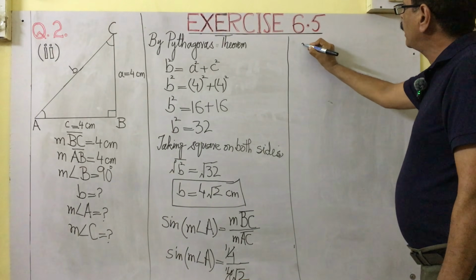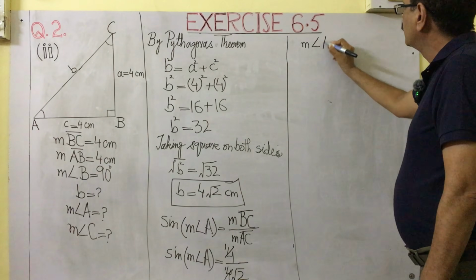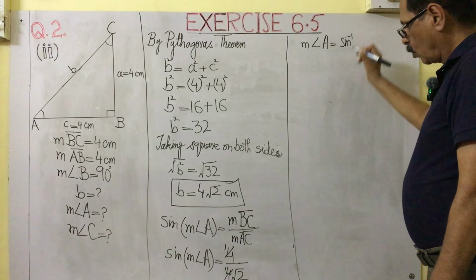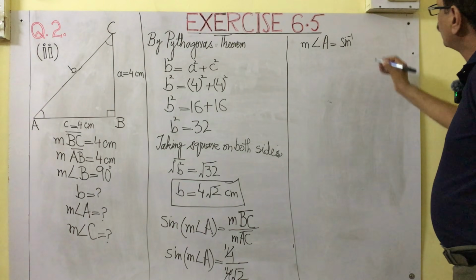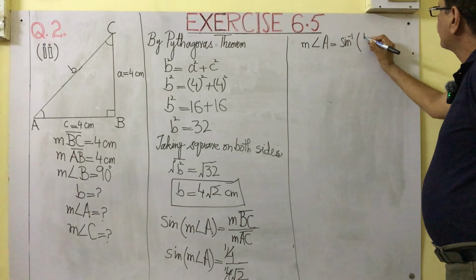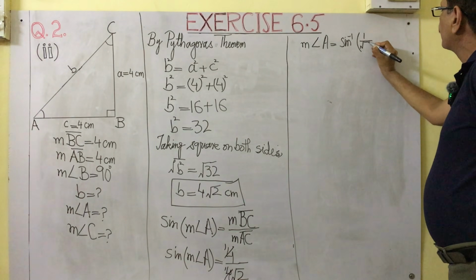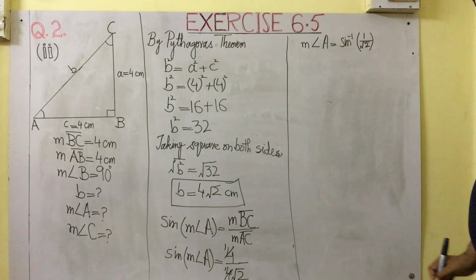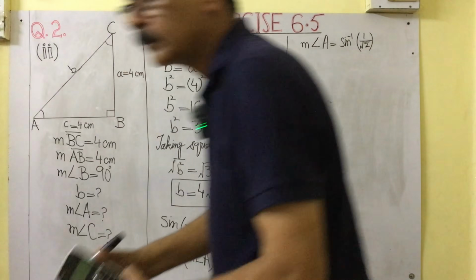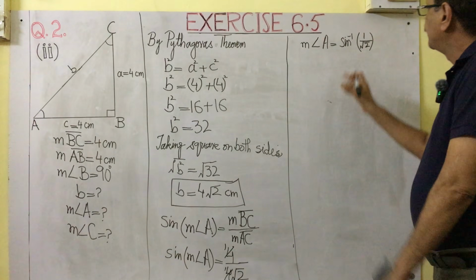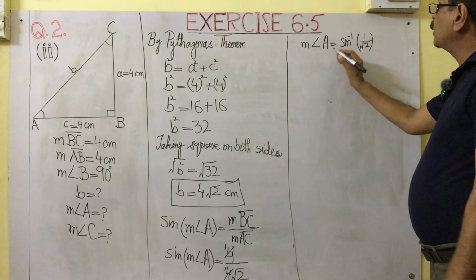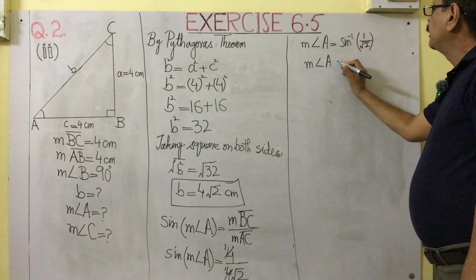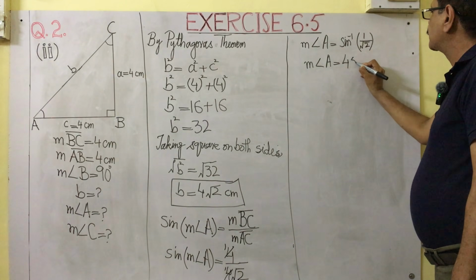Angle A is equal to sine inverse of 1 over square root of 2. By using scientific calculator, you see sine inverse of 1 over square root of 2 is equal to 45 degrees.